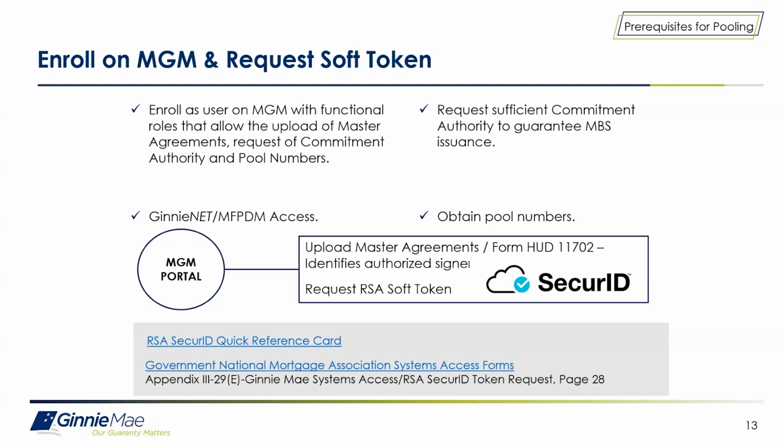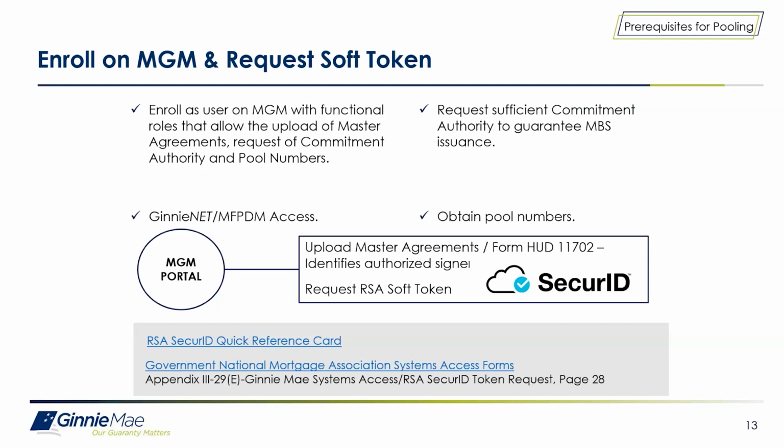You have the GenNet / MFPDM access, and you have to obtain pool numbers. The portal is where you go to upload your master agreement, that's 11702, which identifies the authorized signer. Those are the people who go through the RSA token, software token process. So if you're not on 11702, you won't be able to get connected with an RSA token.